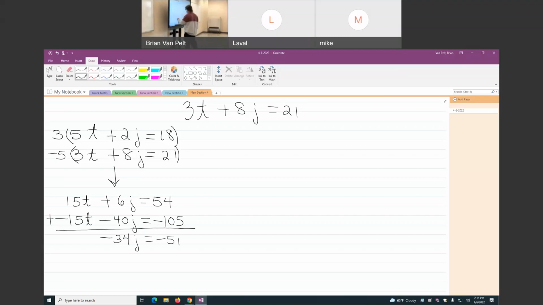I'll divide by -34. Or you can use your calculator.